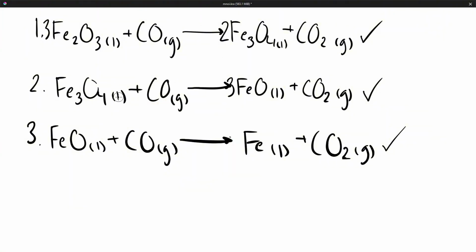So like this Fe3O4, they're on opposite sides of the equation, which means we cancel these out too. Same with these iron 2 oxides. So we want to put a 2 coefficient here to match the number on the right side. So those cancel out.